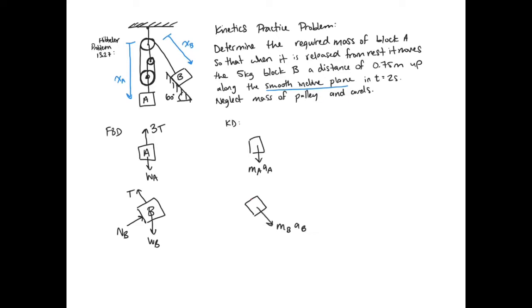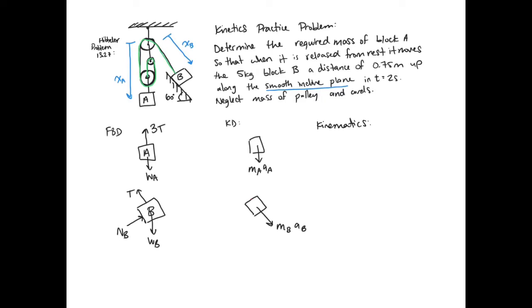So now we'll do our kinematics equations. We've got one rope, and the rope starts here at the center of that pulley, goes around, up, and back down.